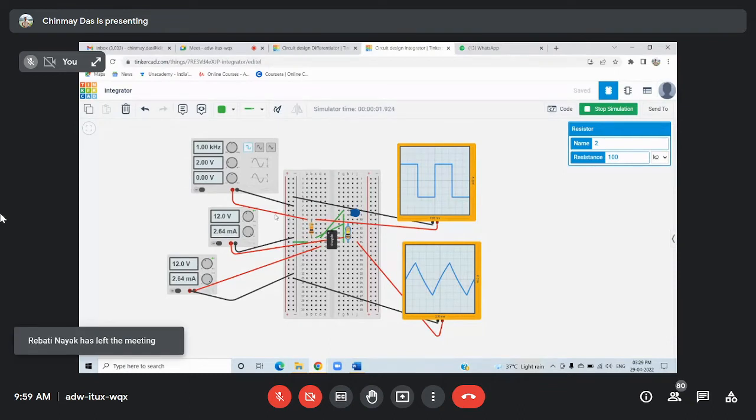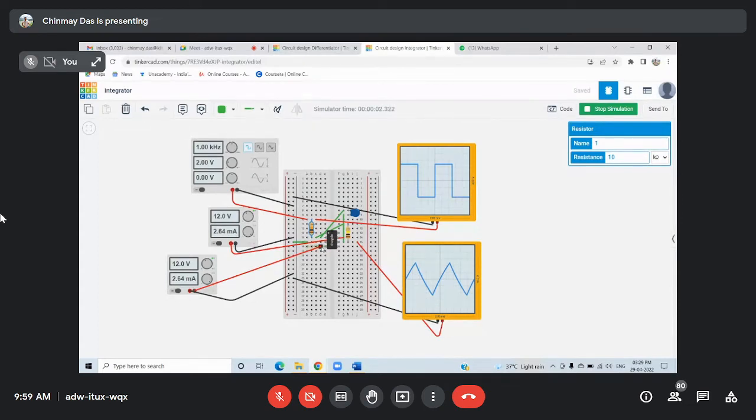So two resistors are connected. The input signal first goes to pin number 2 through the 10 kilo ohm resistor. Then another connection goes from pin number 2 to this capacitor, and on to pin number 6. A resistor and capacitor are both connected in parallel between pin number 2 and pin number 6.